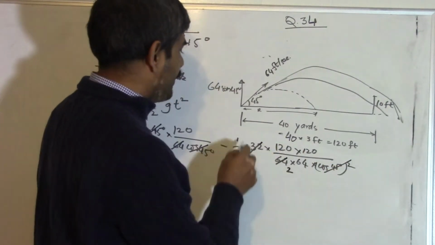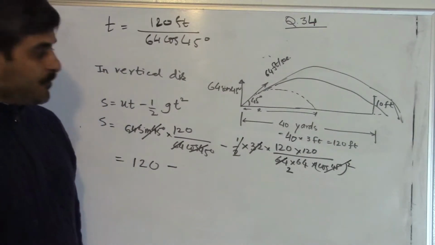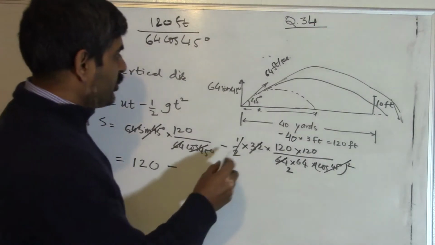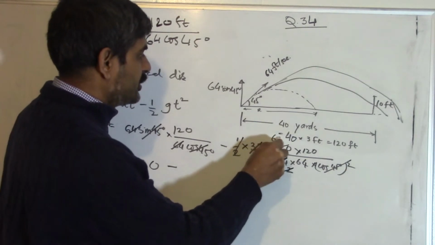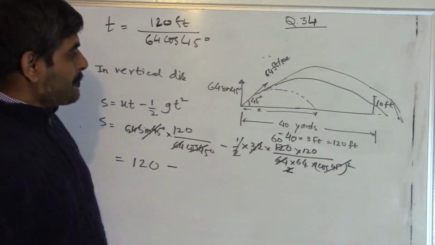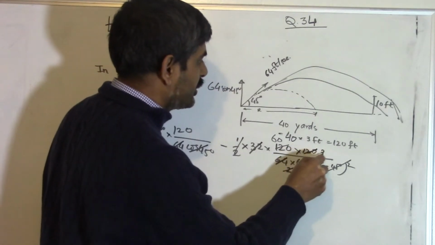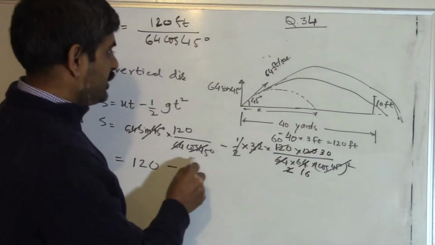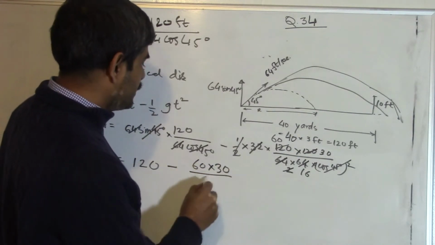Cosine square 45 degree is 1 by 2. This cancels here. Things are getting simplified. So this will become 2 into, this is 60. 4, 16. This is 30. So this is 60 into 30 divided by 16.